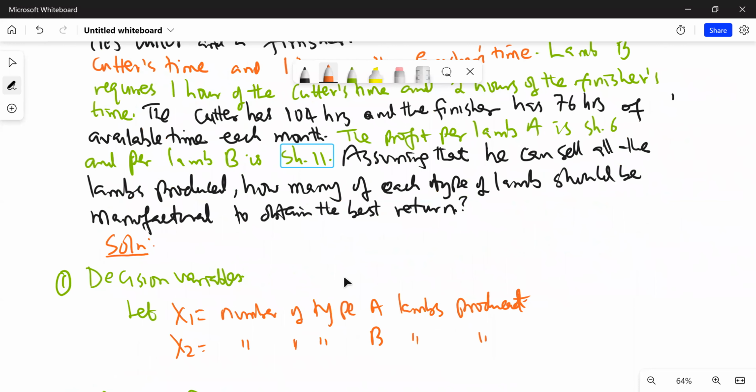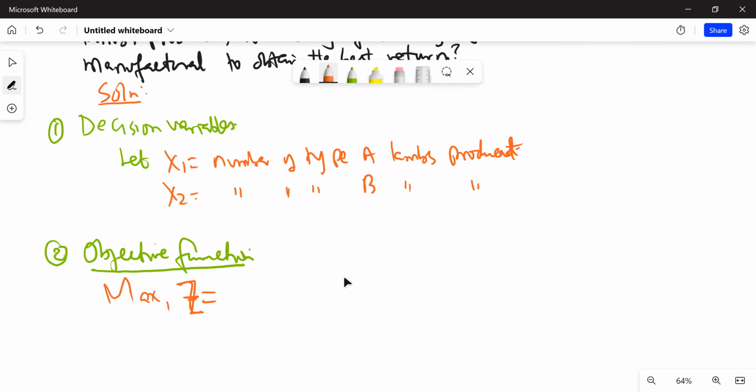So the total profit obtained after selling all the lamps produced will be 6X1 plus 11X2. So the objective function is a function that gives us either total profits or total losses or total wastage and so on and so forth.